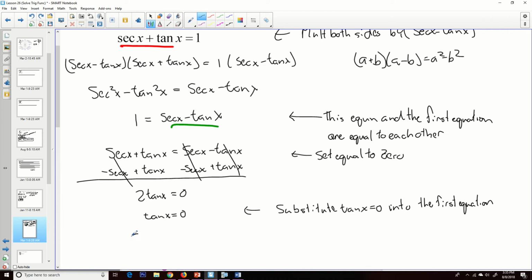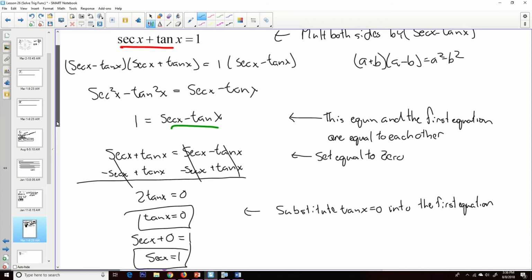And so I get secant x plus 0 equaling 1, and therefore secant x equals 1. So tangent x equals 0, and secant x equals 1.